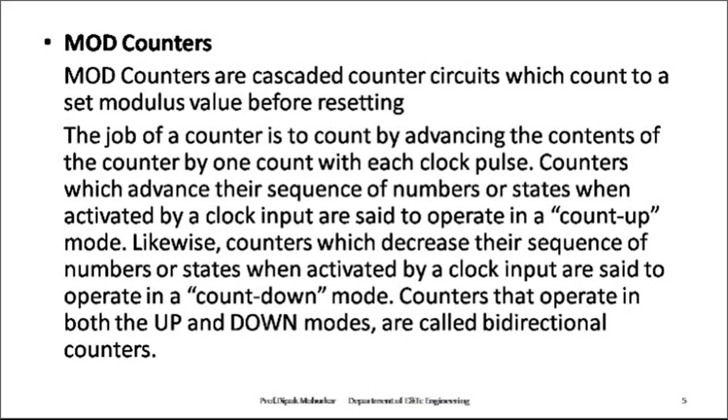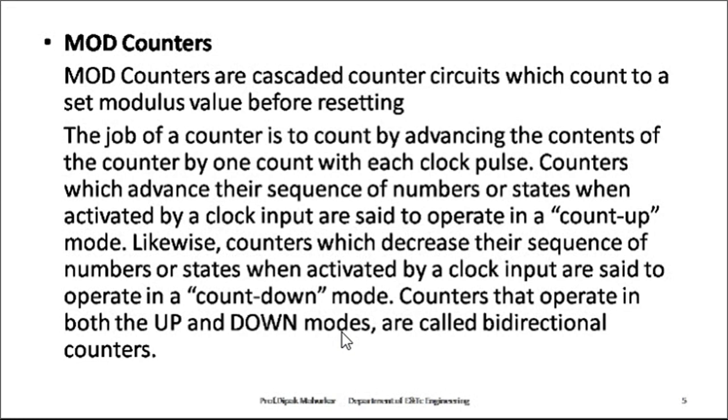I repeat again, the total number of counts or stable states a counter can indicate is called modulus. Example, mod 6. Mod 6 means counting from 0 to 5. So a modulus counting circuit counts a set of values before resetting.